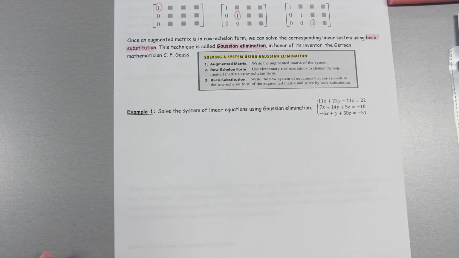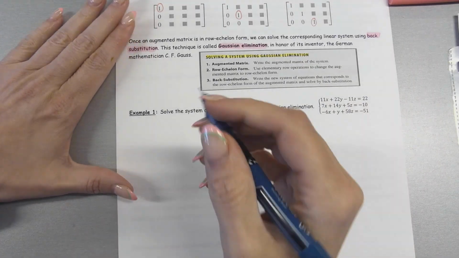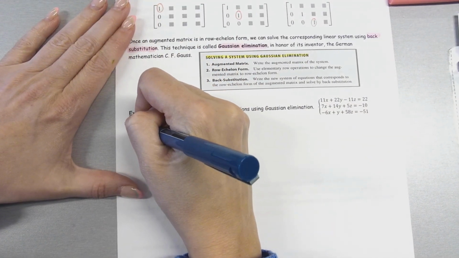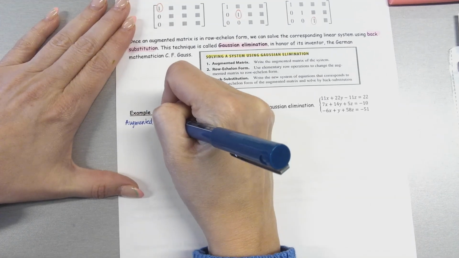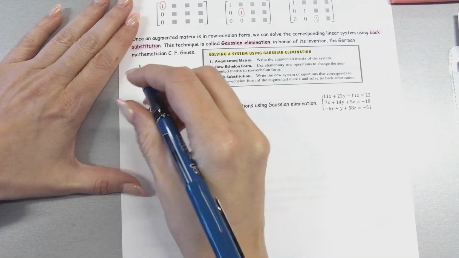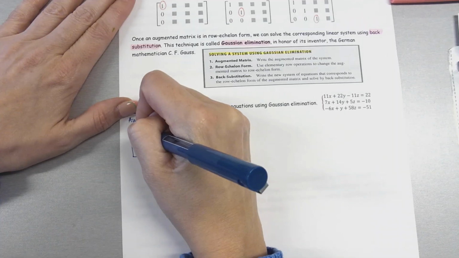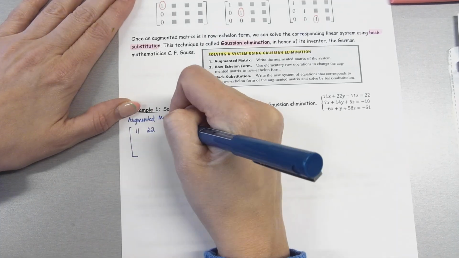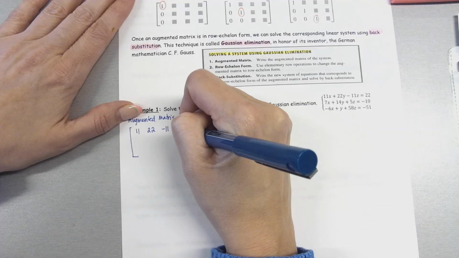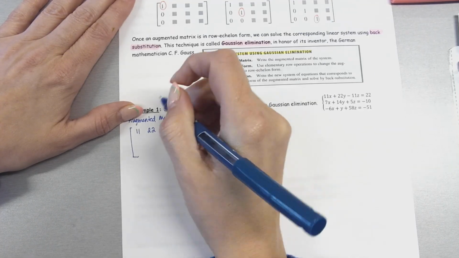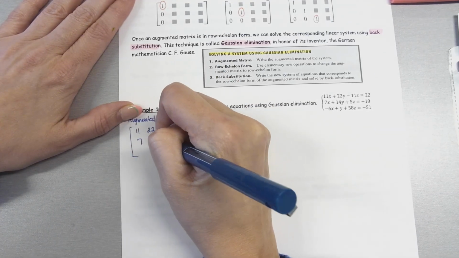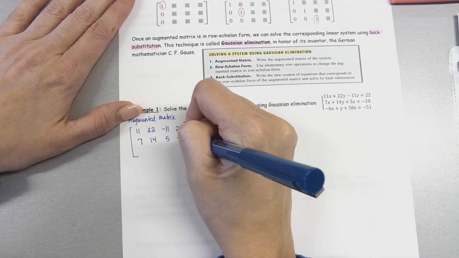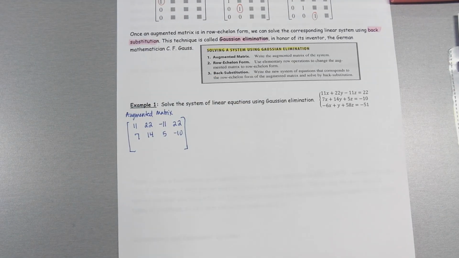Okay, so today we're going to start by doing the augmented matrix. Okay, so remember for the augmented matrix, you are just writing the coefficient from left to right. Okay, so I just did the first two rows.